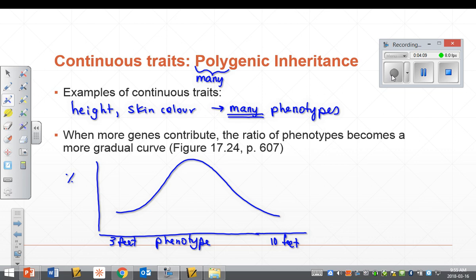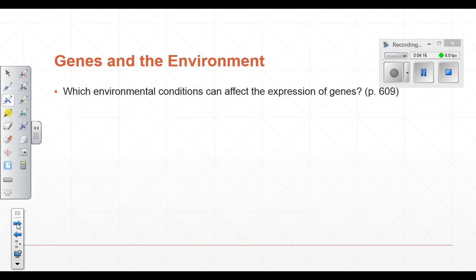Okay. The other thing that I want to mention that can affect what an organism's phenotype looks like is the environment. We already know that there are things in the environment that can affect your DNA at the cellular level. Like you can have mutations in your DNA.